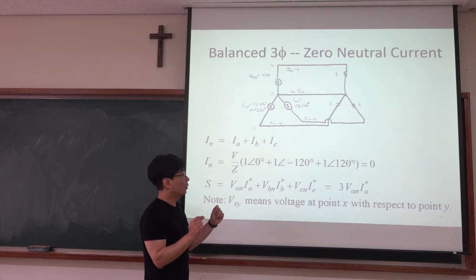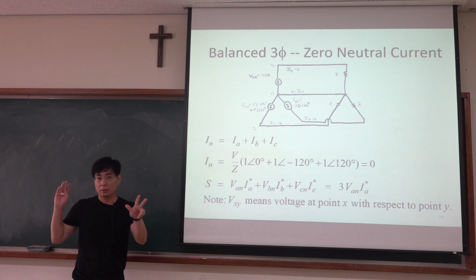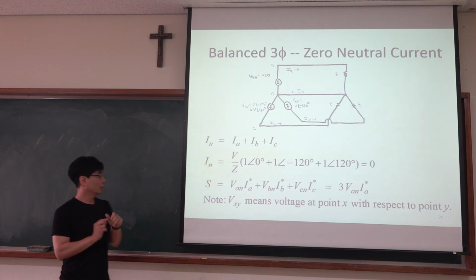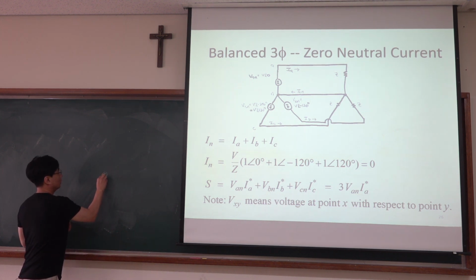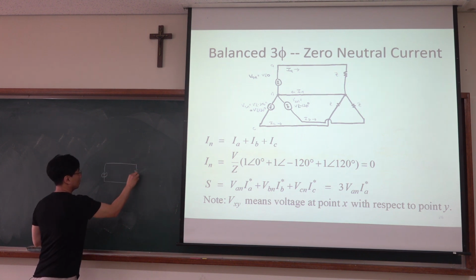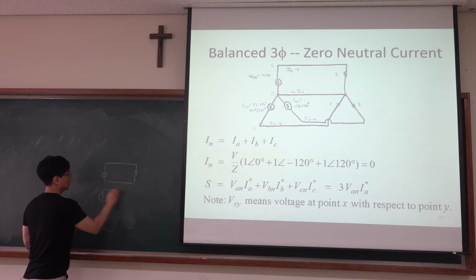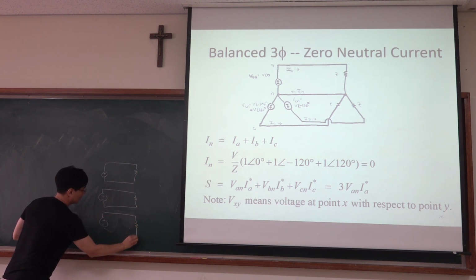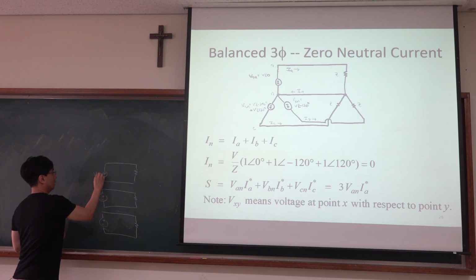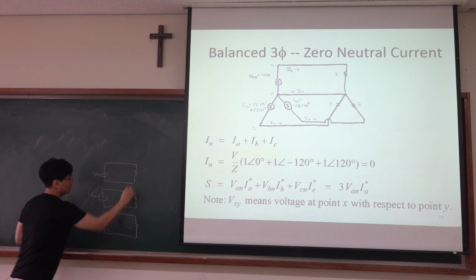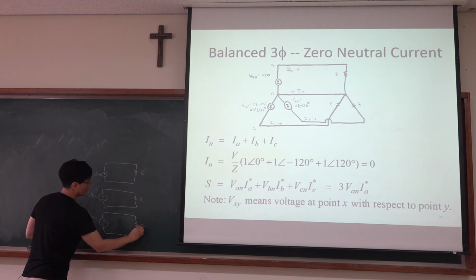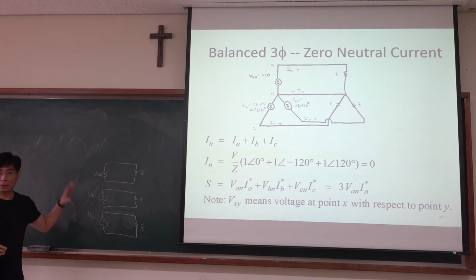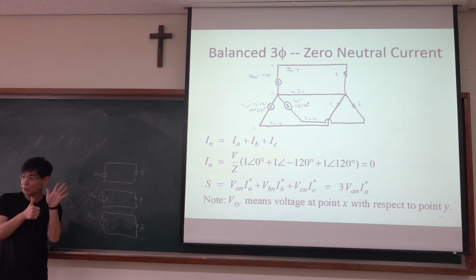But if you need to provide the same amount of power using 3 single-phase systems, then you need to have 1 voltage source, 1 load, another voltage source, another load, and another voltage source and another load. This is VA and VB and VC and Z. It requires 6 wires, right?